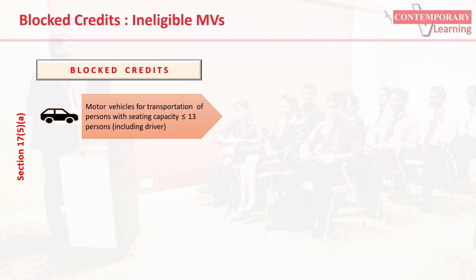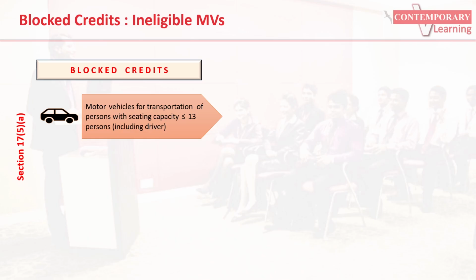The general rule is that ITC is not allowed on motor vehicles used for transportation of persons with seating capacity of 13 or fewer persons, including the driver. So if you buy a car, SUV, or small van for your business, you generally cannot claim ITC on it.